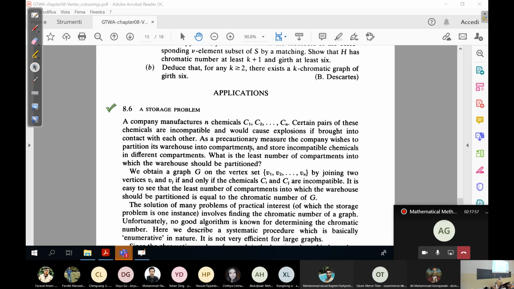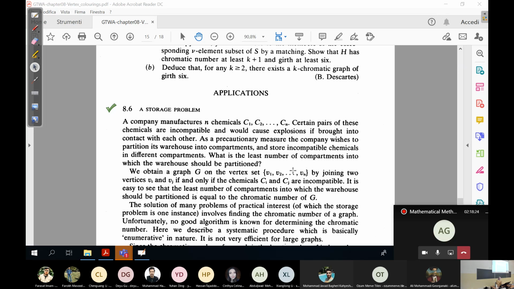So chemicals which must not stay in the same room, so to say. So what's the least number of compartments? Now what can you do? You draw, if you want, a graph with as many vertices as chemicals, and then you join two vertices if the corresponding chemicals are incompatible, okay?